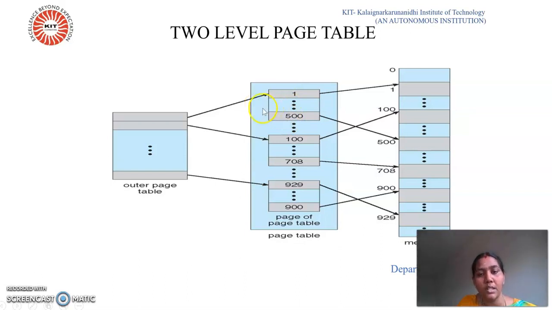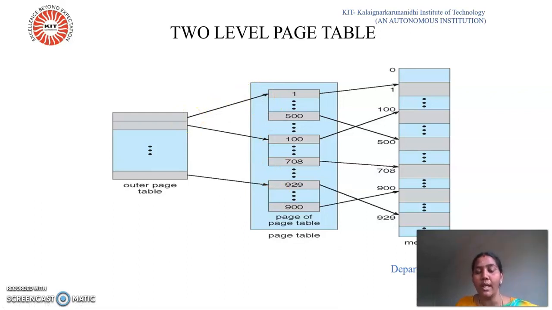Suppose consider P1, P2 and P3. P1 consists of segments of pages 1 to 500. P2 consists of segments of pages 100 to 700. P3 consists of segments of pages 900 to 929. P1, P2, P3 have an index that should be mapped to the outer page table, something like a book index.